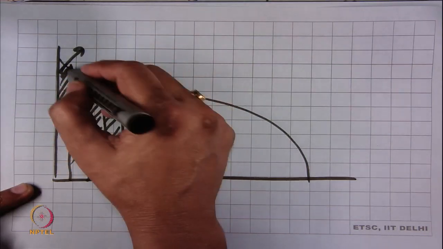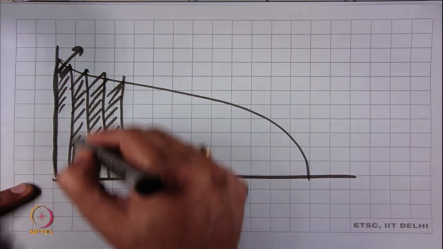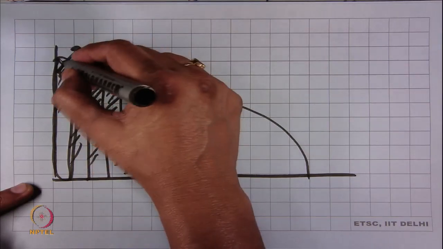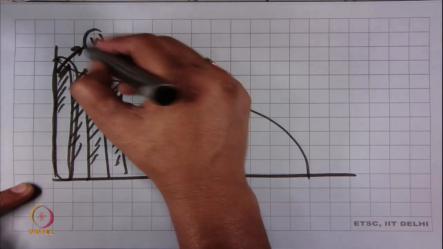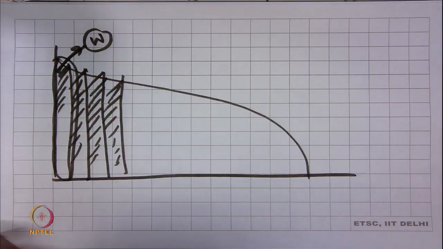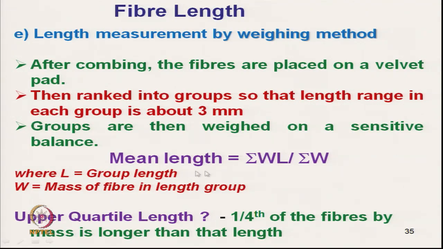W is the weight, and from there we can calculate the mean length. L is the length of the group, and W is the mass of that length group. So, W1 L1 plus W2 L2 plus W3 L3 in this way, divided by the total weight.